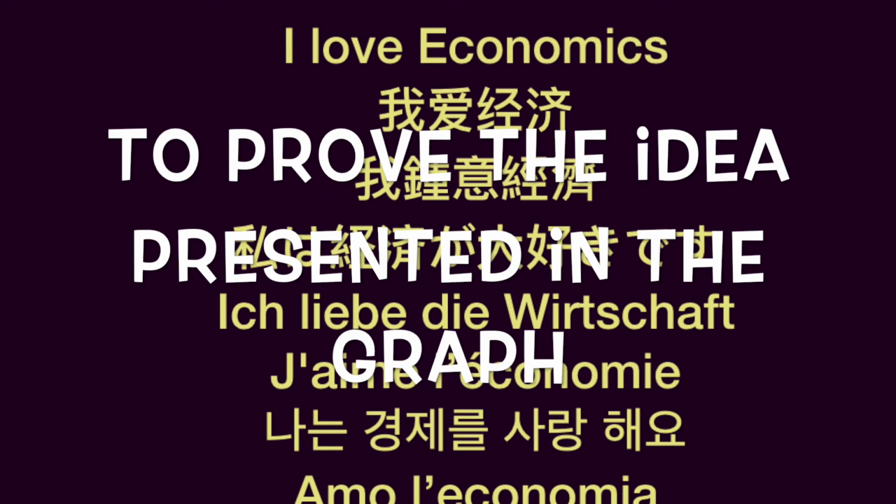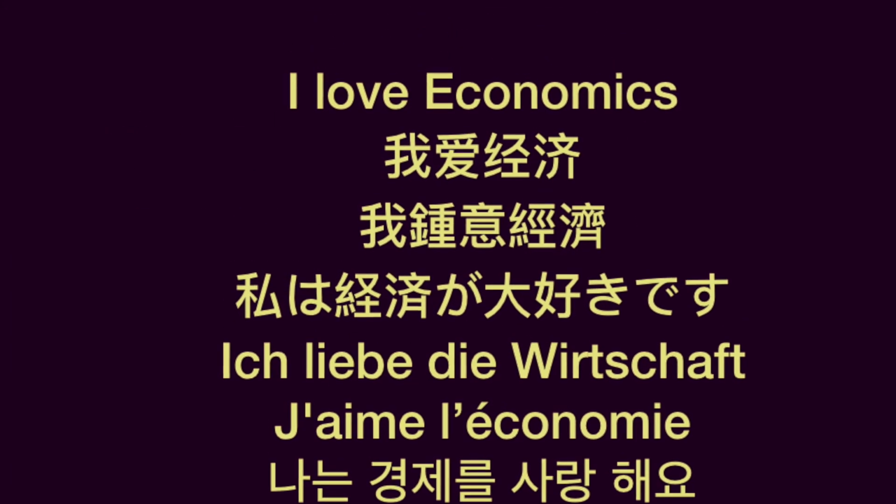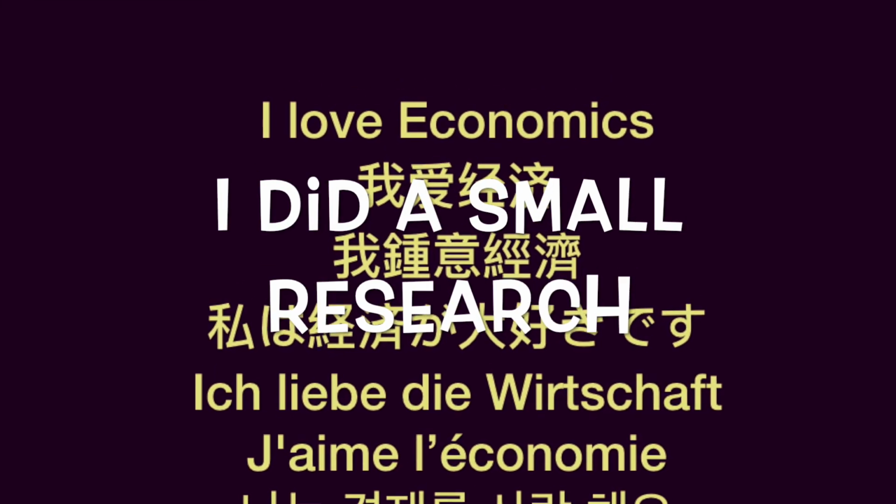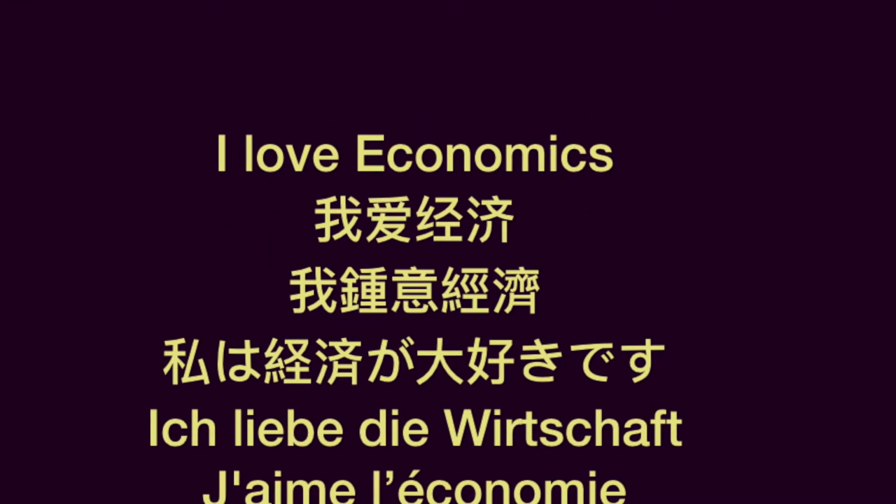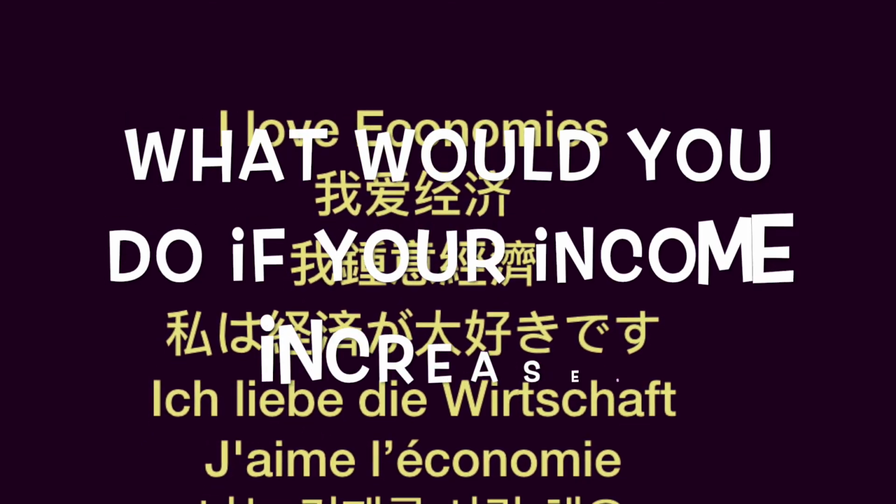To prove the idea presented in the graph, I did a small research. I asked my friends a question: what would you do if your income increases? And here are the results.